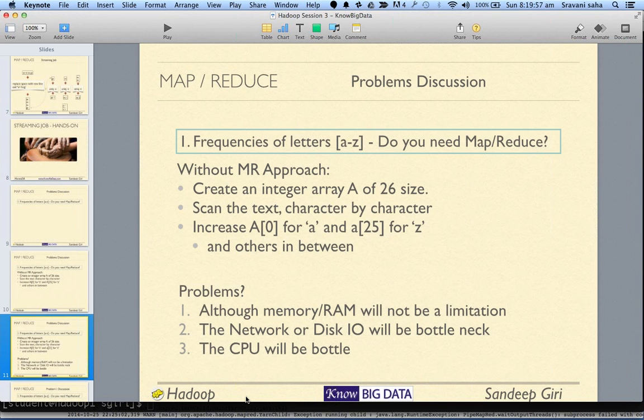So even though RAM is not a limitation in this particular problem, CPU and the network will become a problem, and the read speed of the disk, if everything is located locally, will become the bottleneck. Therefore, distributing the computing across the cluster is helpful.